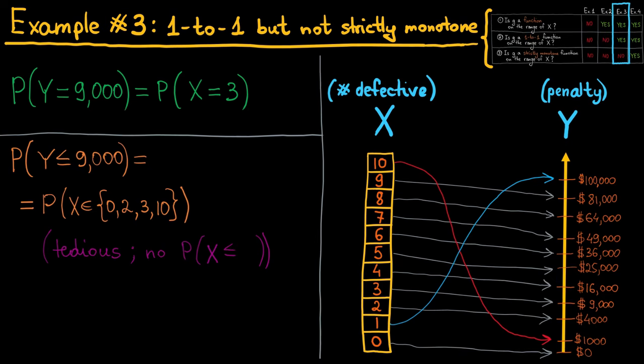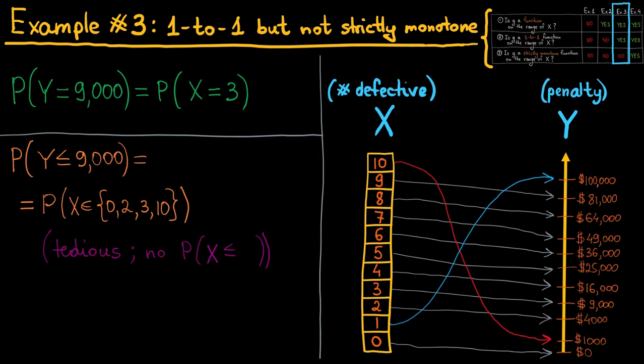These are exactly the same event, because if you recall, y has no randomness outside of x. Y is just x with window dressing. So if we're asking a question in terms of y, what's the probability y is equal to 9,000? Well, we just undo that window dressing, and it's the probability that x equals 3. Those two are exactly the same event, not just different events that happen to have the same probability.